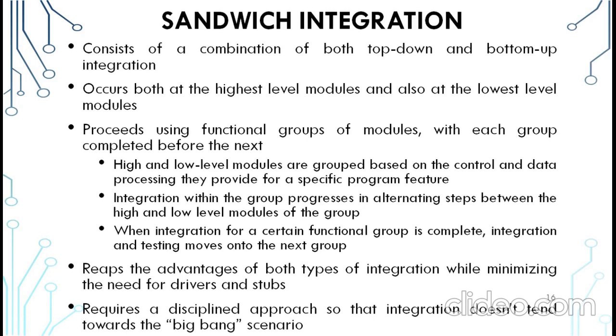High and low level modules are grouped based on the control and the data processing they provide for a specific program feature. Integration within the group progresses in alternating steps between the high and low level modules of a group. When the integration for a certain functional group is completed, the integration and testing moves on to the next group.